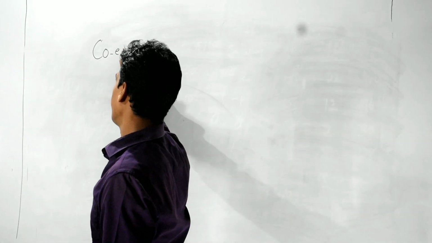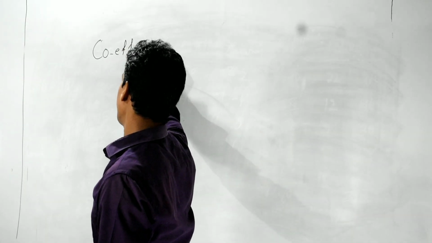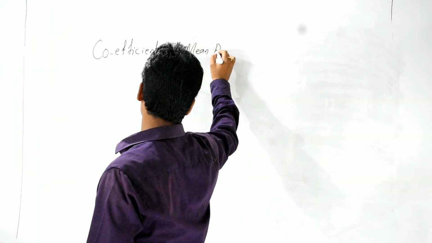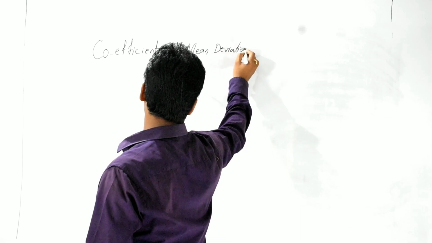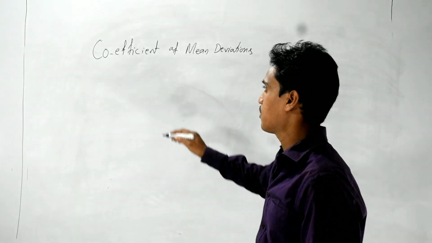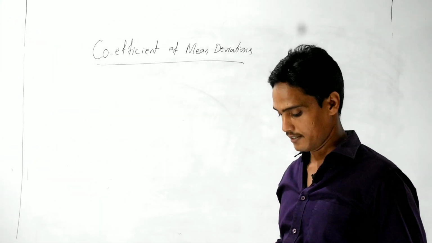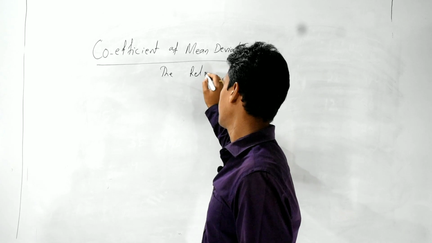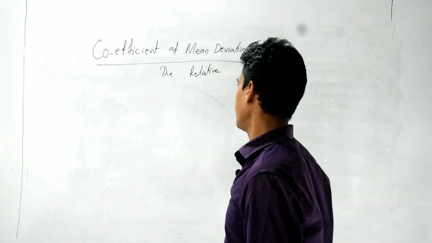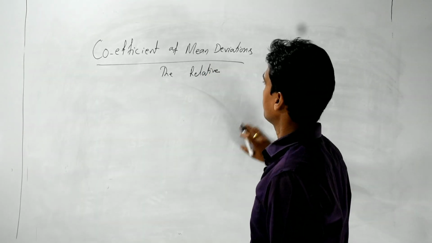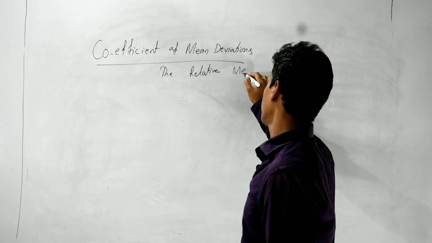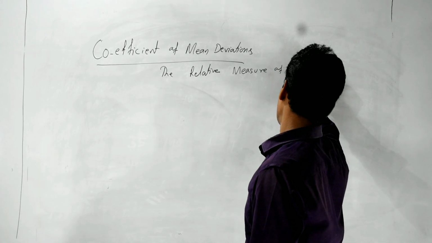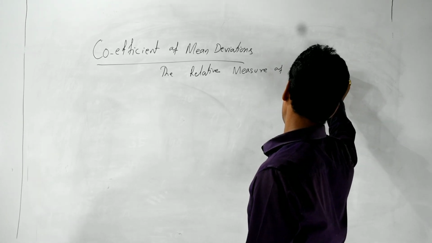We also can find out coefficient of mean deviation. So the coefficient of mean deviation means the relative measure of mean deviation.